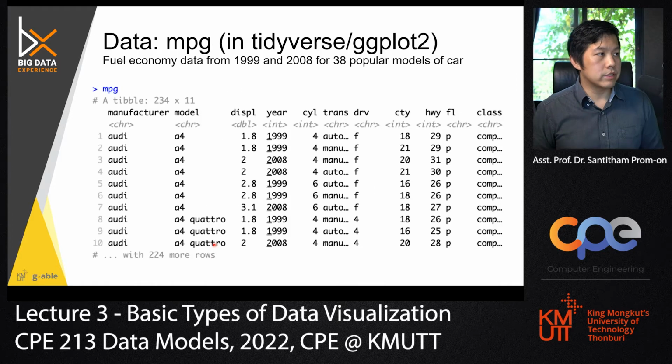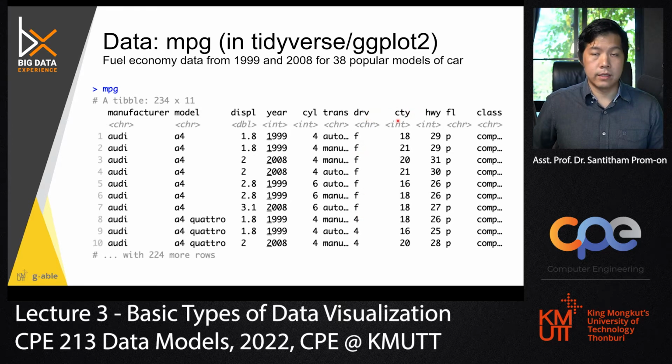Okay, what we are going to use here is the fuel economy data. It contains the manufacturer as character. That means this is the type of manufacturer of the car, model, displacement, year of manufacturing, cylinders, and the transmission, the drive, whether this is four wheel or forward drive.